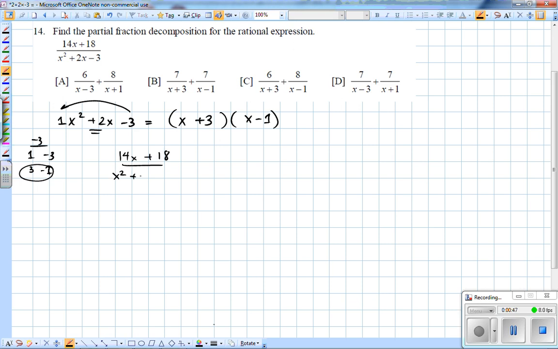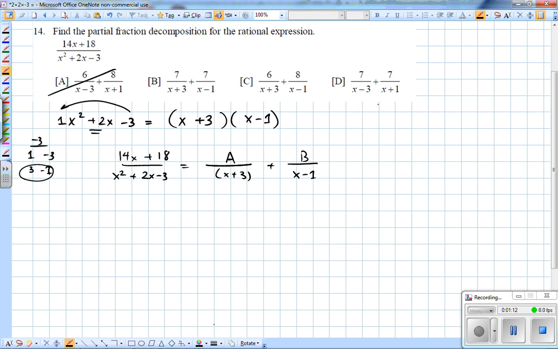So I have x squared plus 2x minus 3 is going to be equal to x plus 3 plus x minus 1. Partial fraction decomposition, there's various ways to doing this. One special case is, remember that if the denominators are linear, then the numerators are going to be just constant coefficients.